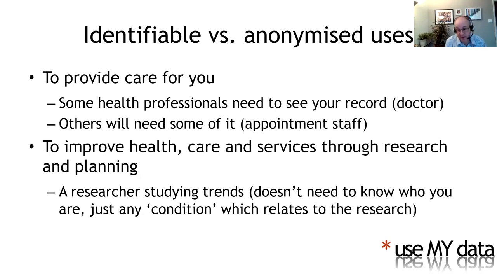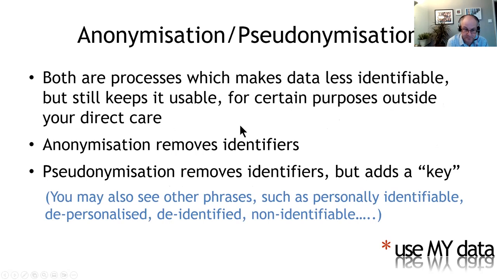So a researcher would only need to know something about you rather than who you are. For researchers looking at trends in bowel cancer, for instance, they would be looking for data on people who've had bowel cancer, but they don't want to know who those people are. They may want to know some characteristics about the person, but we'll come to that in a second. But that's largely where that simple split is between identifiable data use and anonymized data use.